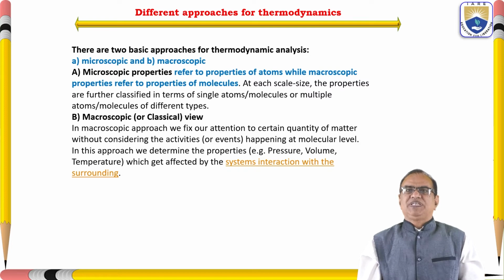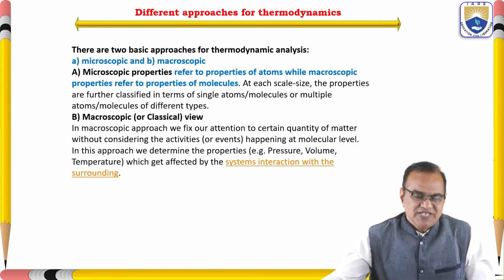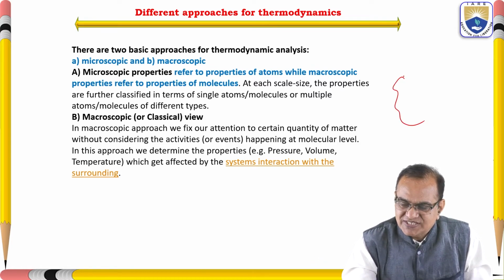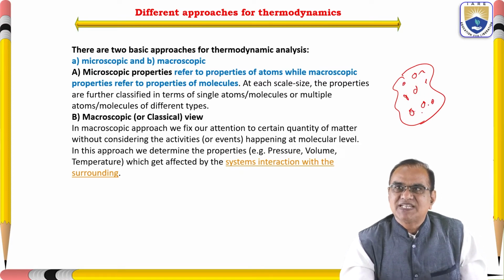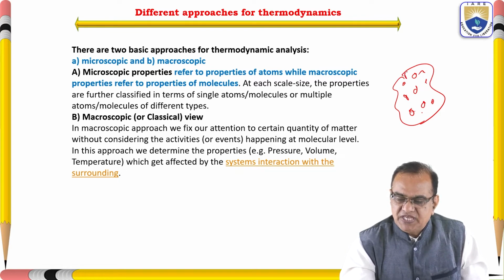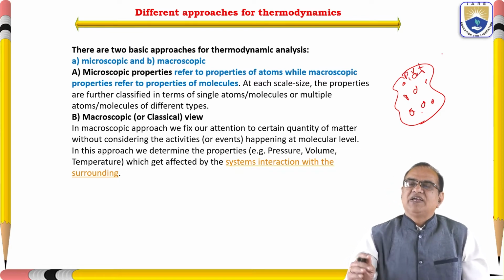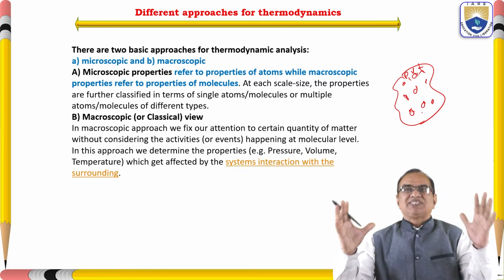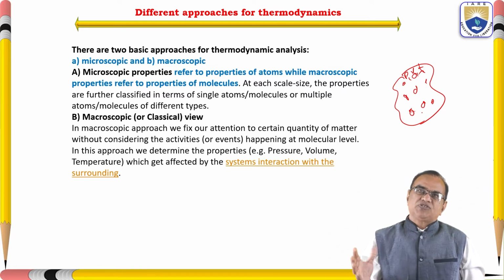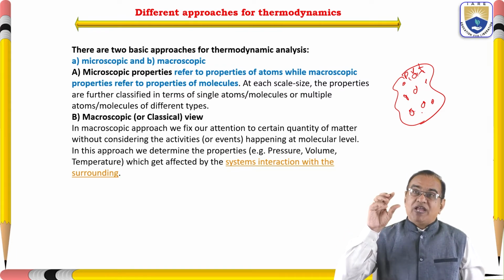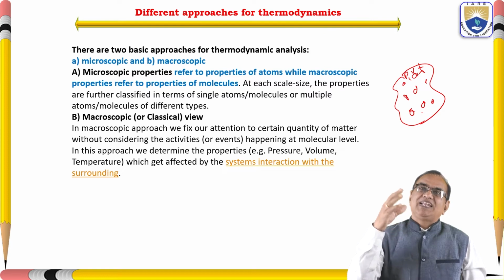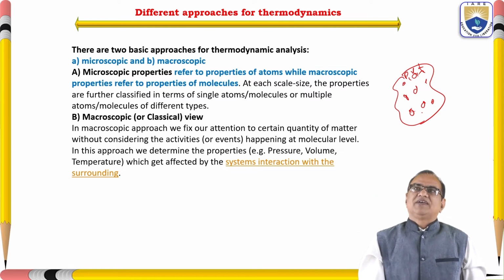In this approach, we determine the properties, that is pressure, volume and temperature, which get affected by the system's interaction with the surroundings. So in this macroscopic approach, we study a broad area. In that broad area, the parameters, especially pressure, volume and temperature, P, V and T, we take as an average in this system. That is called the classical approach or the macroscopic approach. And when we discuss atoms and molecules, then it becomes the microscopic approach.